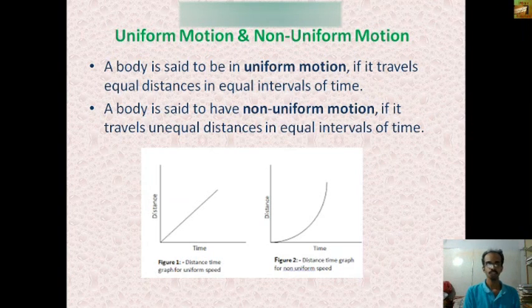Hence, it is a straight line passing through the origin. While in the case of non-uniform motion, it is a curve. A body which is subject to acceleration is usually going in non-uniform motion.